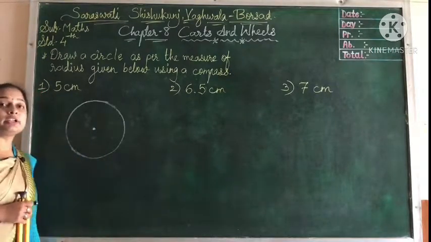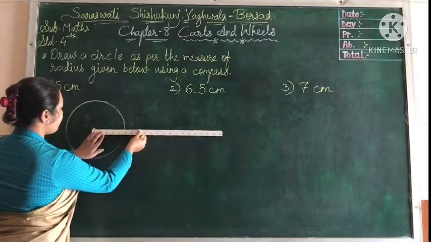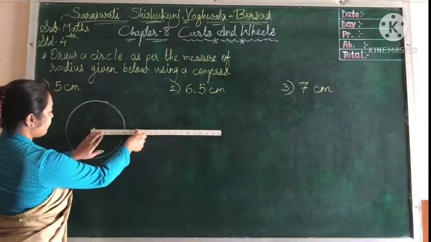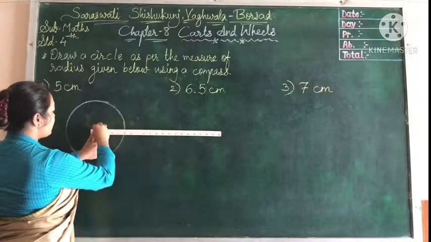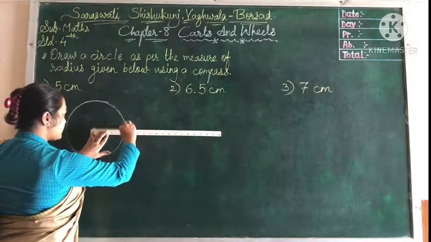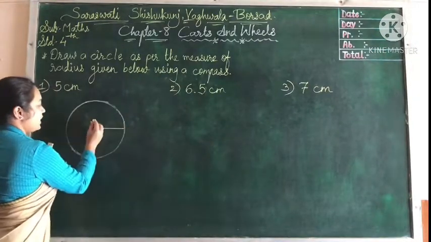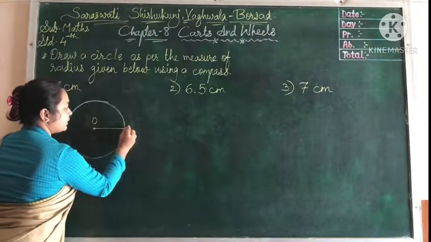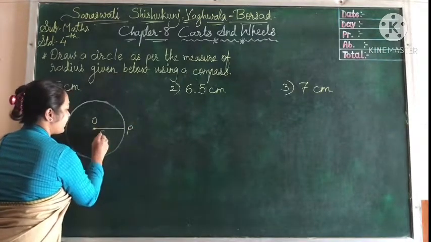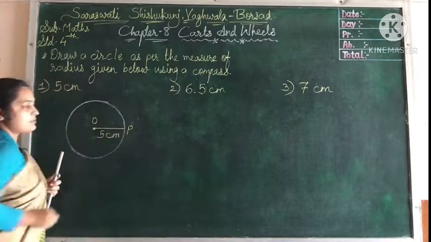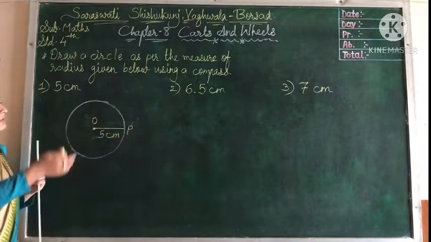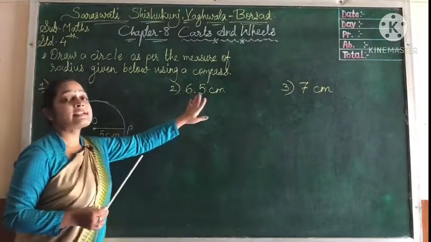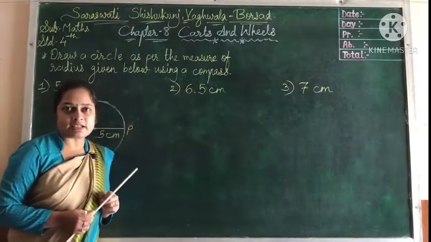We will draw the radius and it is exactly 5 centimeter. We will give the name O and here P and we will write 5 centimeter. Clear everyone? Now let's draw with 6.5 centimeter.